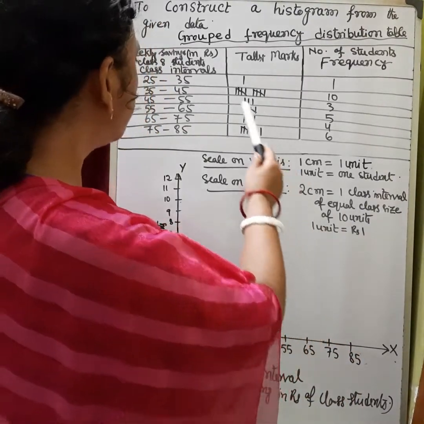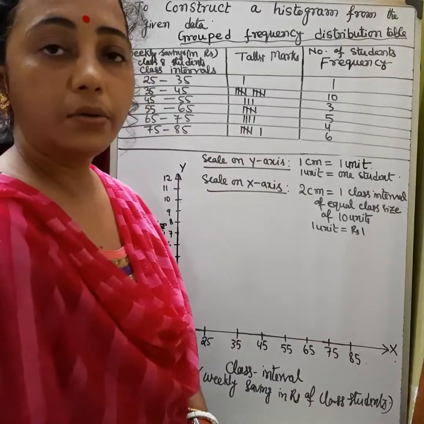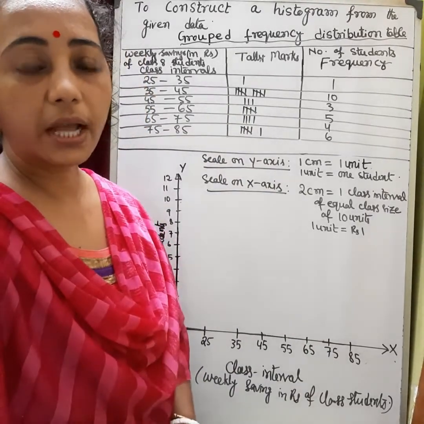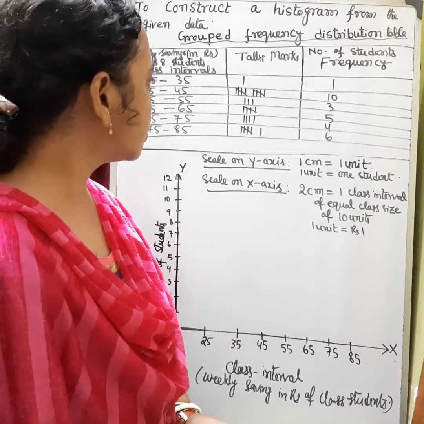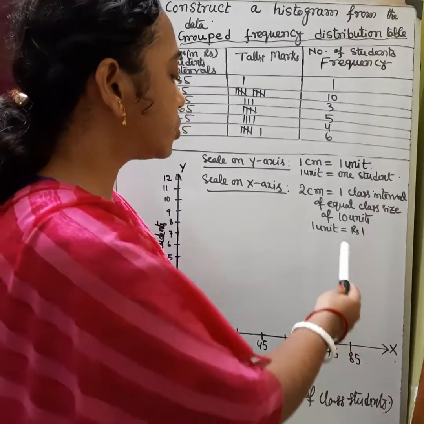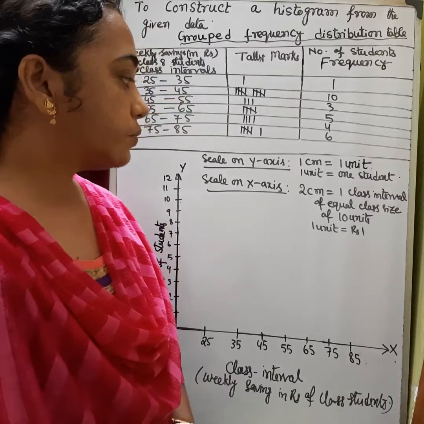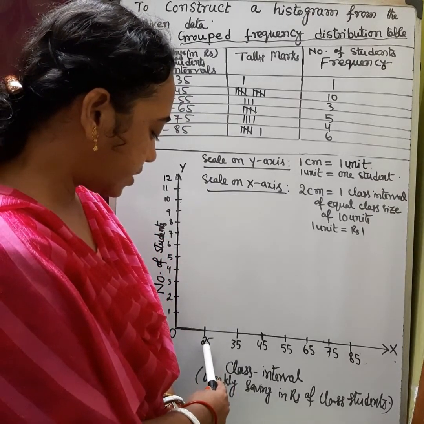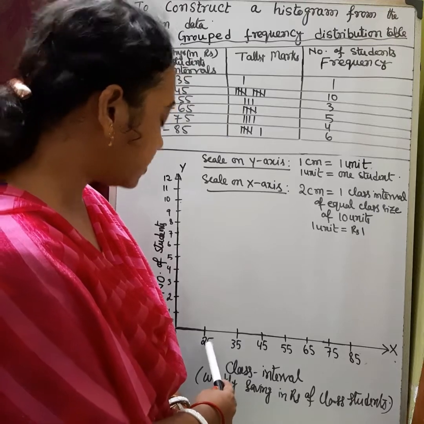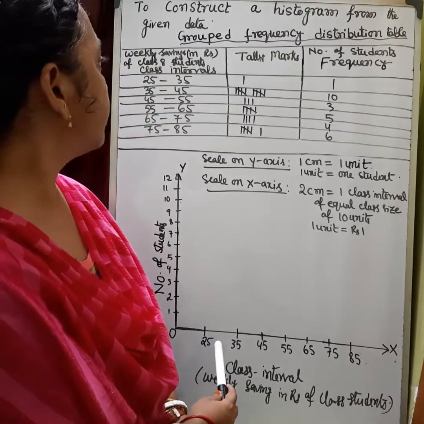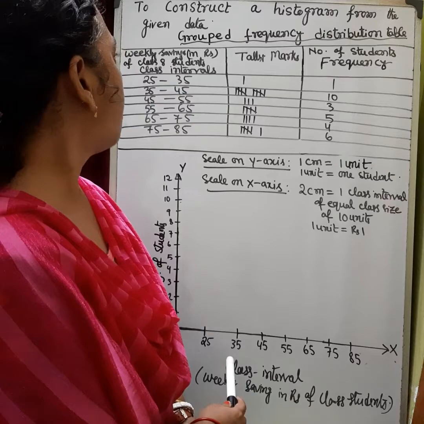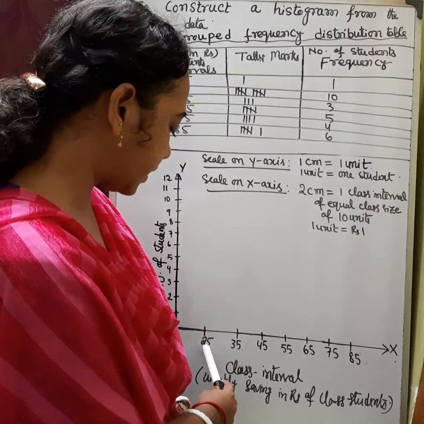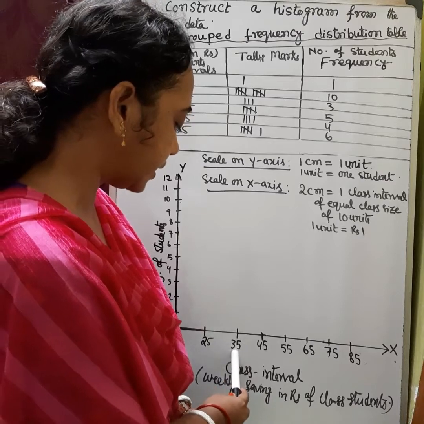As the gap between two consecutive class intervals is 10, it is of equal class size of 10. Here 1 unit shows 1 rupee. The class interval from 25 to 35 shows the weekly savings in rupees of class 8 students. So the class intervals can also be said to be from rupees 25 to rupees 35.